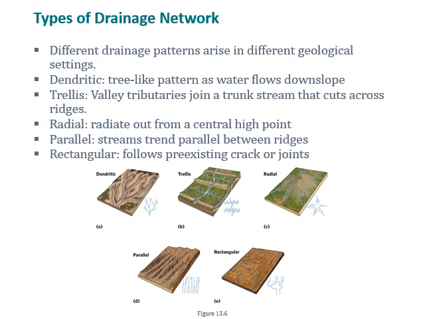Radial drainage networks form from radiation of a central high point like a volcano or isolated mountain. Parallel streams trend parallel between ridges, and rectangular streams follow pre-existing cracks or joints, often in arid, flat areas.